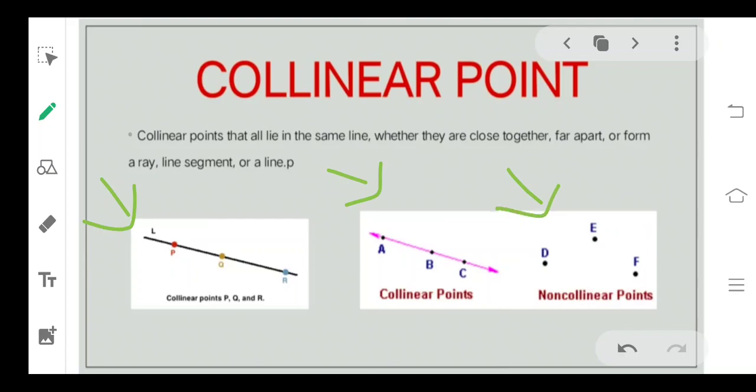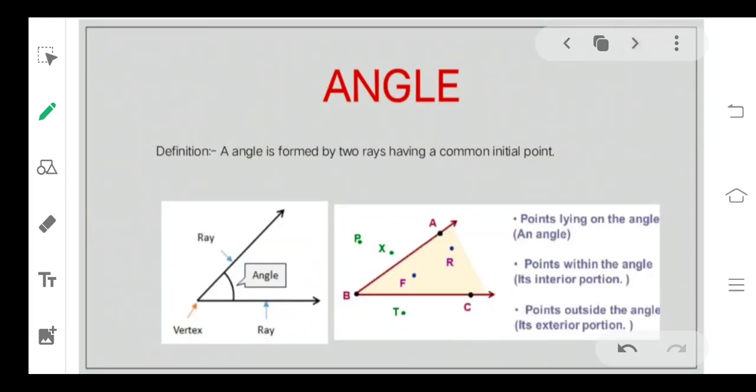Now, students, we are going to learn about angle. An angle is formed by two rays having a common initial point.